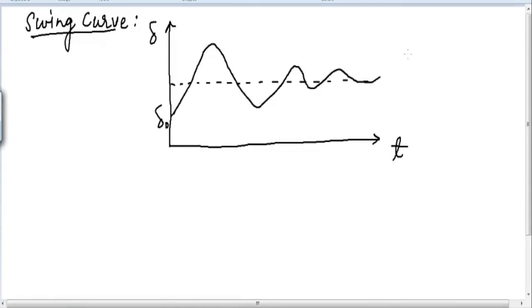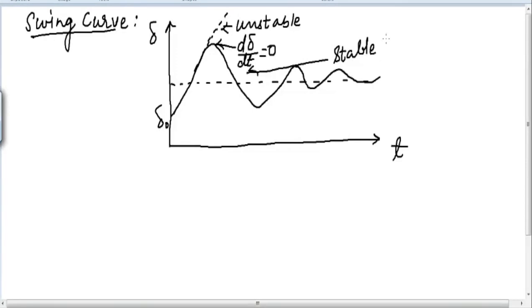So in this way we have drawn our swing curve. If this line keeps on increasing, then our system will be unstable. At this peak, we have d delta by dt equal to 0. And if our curve keeps going in the downward direction, then we call it a stable region. So this is the swing curve.